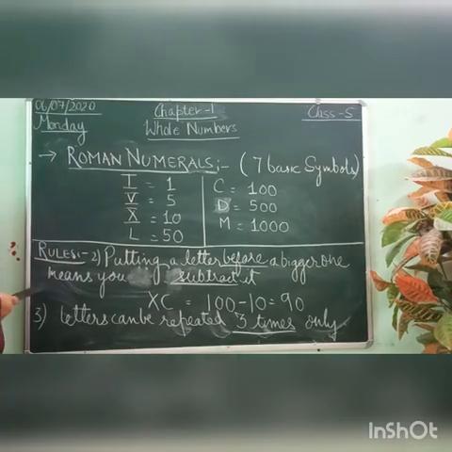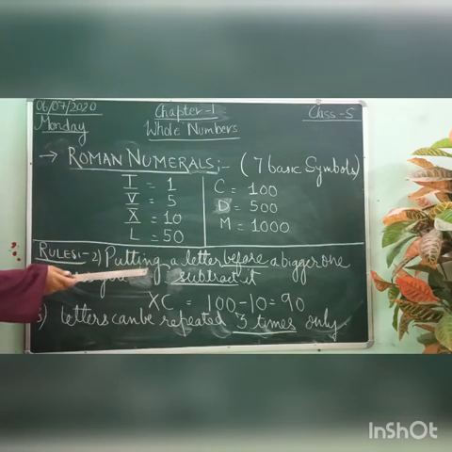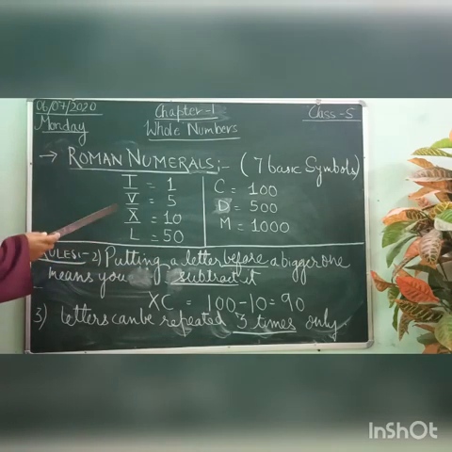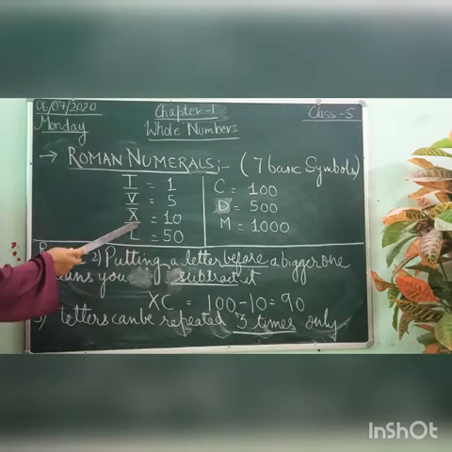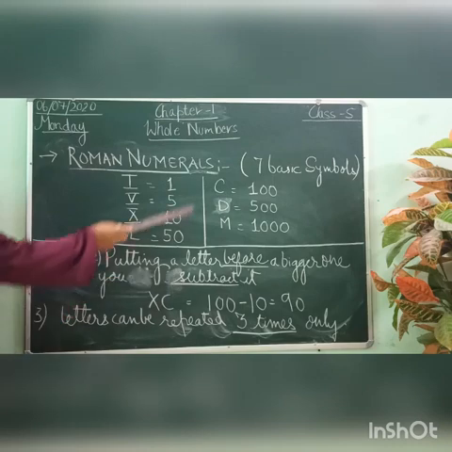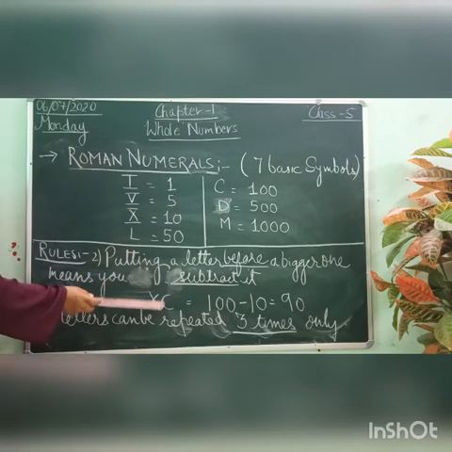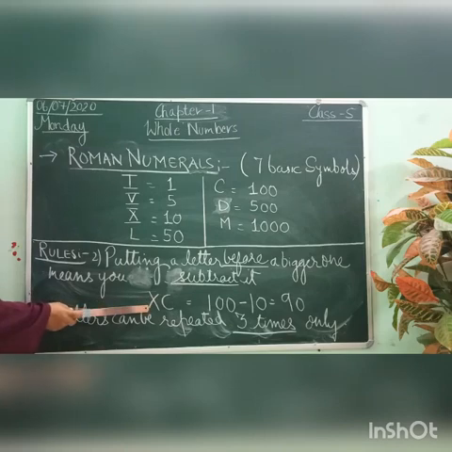Now rule number 2, the first I have revised, the second is putting a letter before a bigger one. That means if you have written a bigger symbol and you are writing a smaller one before that, you want to subtract. As you can see in the example, X means 10 and C means 100. C is the bigger one, so if you write X before it, that means you want to subtract.